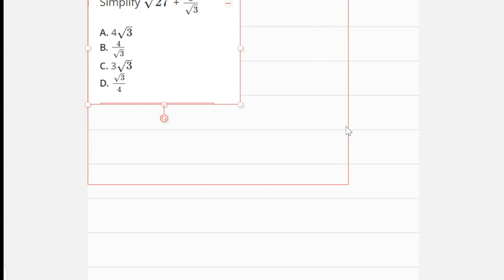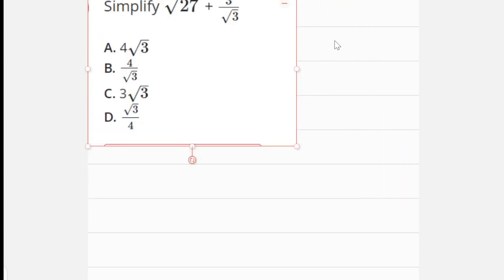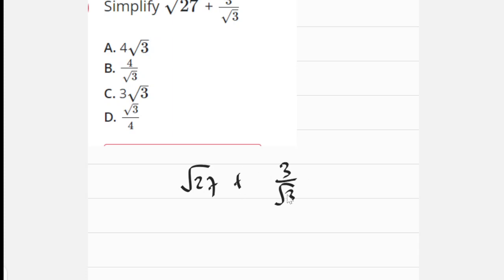So the question asks us to simplify root 27 plus 3 over root 3. Root 27. Sorry, my pen is misbehaving. Root 27 plus 3 over root 3.